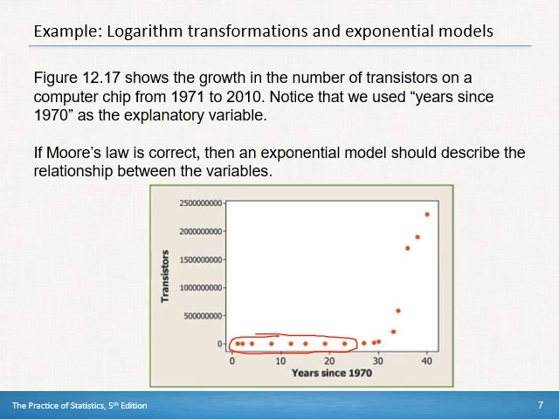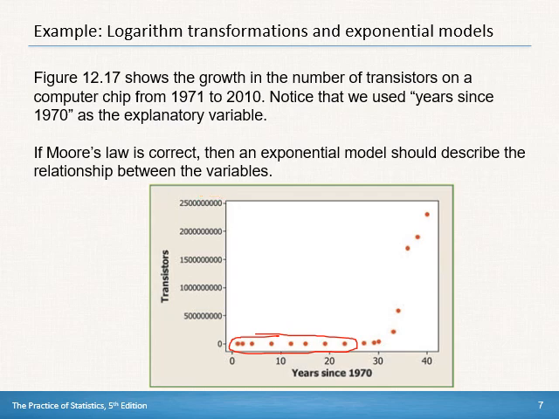In these first several decades, it really looks like we have a very flat growth. The scale that we use in order to accommodate the more recent number of transistors is so large that those first several decades look like they're pretty much flat.